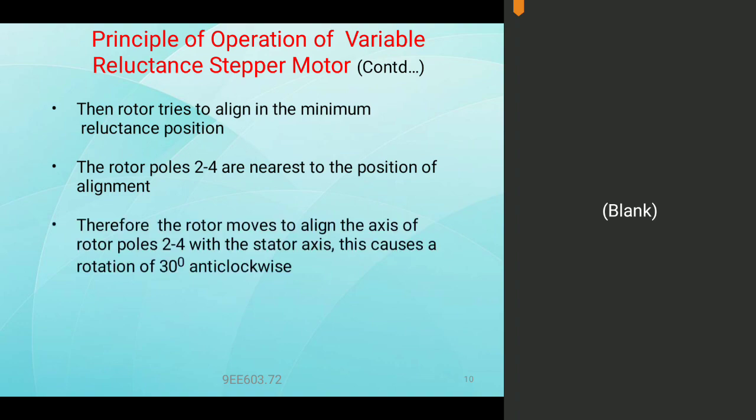Therefore, the rotor moves to align the axis of rotor poles 2 and 4 with the stator axis. This causes a rotation of 30 degrees anticlockwise.